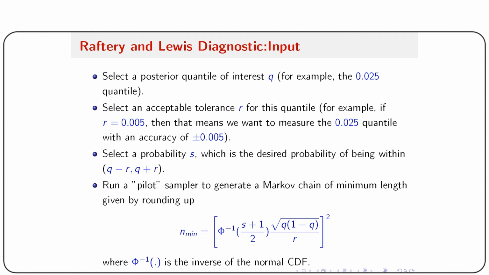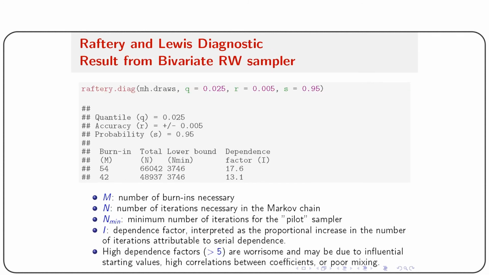Select a probability S, which is the desired probability of being within Q minus R to Q plus R. Run a pilot sampler to generate a Markov chain of minimum length given by rounding this expression, which gives the minimum length that you need, where phi inverse is the inverse of the normal CDF. So that is the Raftery-Lewis diagnostic, the RL diagnostic.